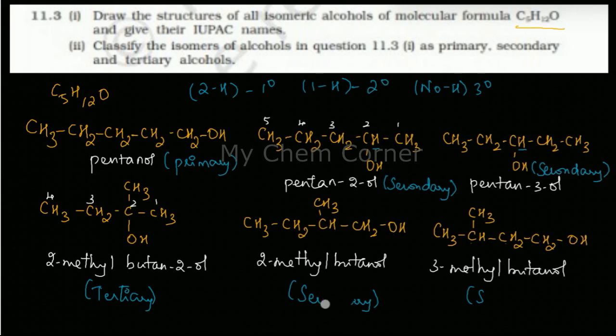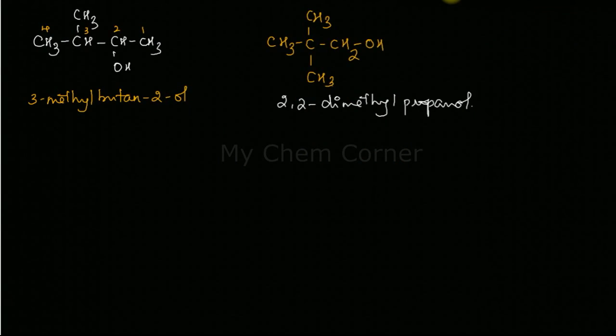Sorry, I said it by mistake. This one, both of these are primary. This is primary and this is also primary. Now the next one, OH is bonded to a carbon with only 1 hydrogen, which is secondary.